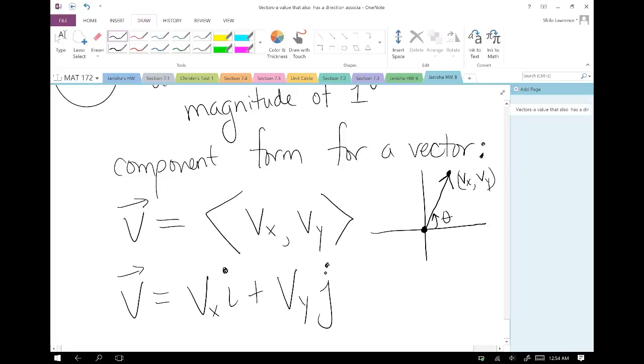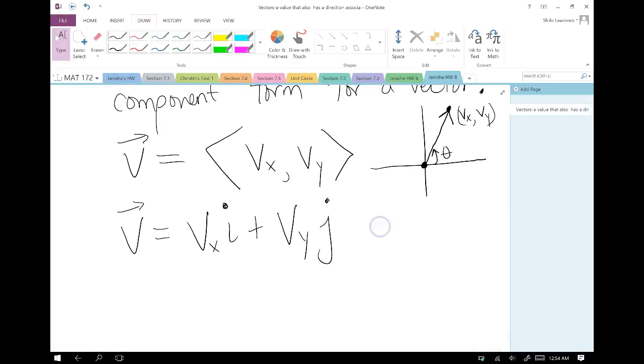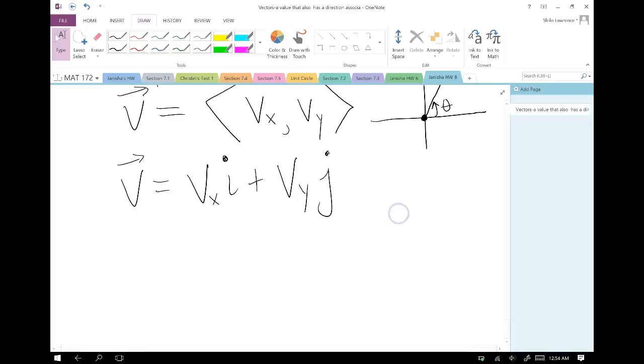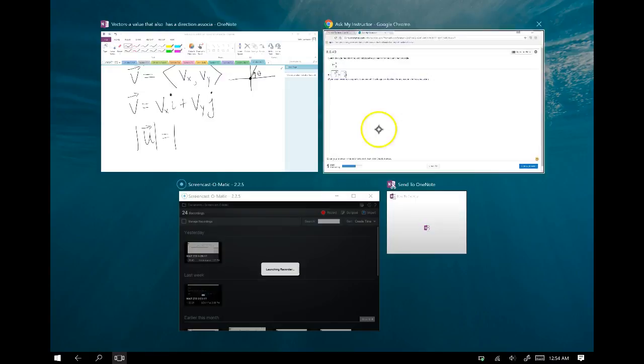So what they're asking you to do is write a unit vector. A unit vector always has a magnitude of 1. So what we know right now on this problem is that we have a magnitude of 1. We know the magnitude for u equals 1. And they also tell us an angle.